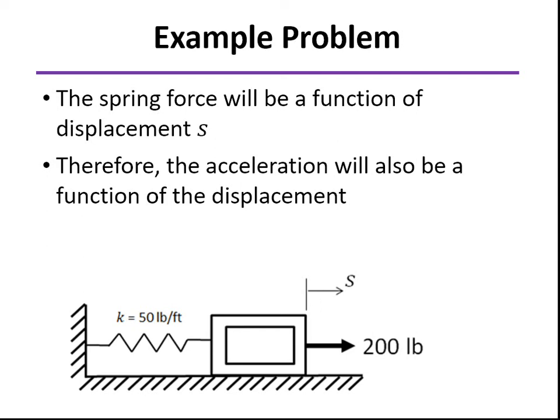And so you have to use the equation that we worked in our kinematics. Whenever we had the acceleration as a function of s, we had to use this equation, a ds equals v dv, and so we can now integrate both sides to come up with the velocity after we've gone a specific distance.